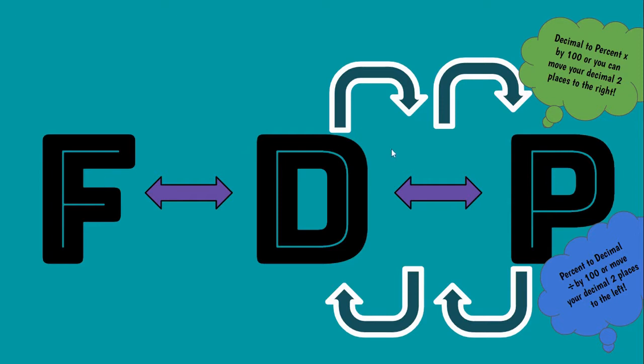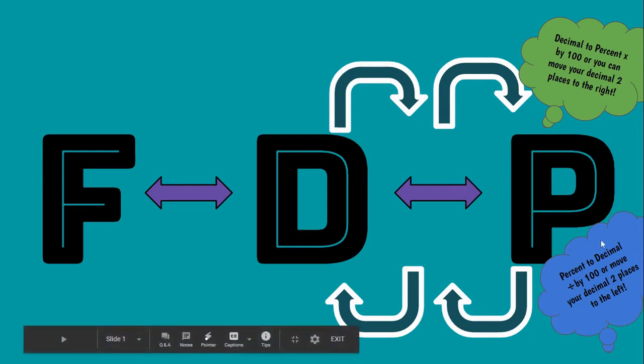When you are finding a percent of a whole number, you have to turn your percent to a decimal. I have this little flow chart right here that says percent to decimal: divide by 100, or move your decimal 2 places to the left.